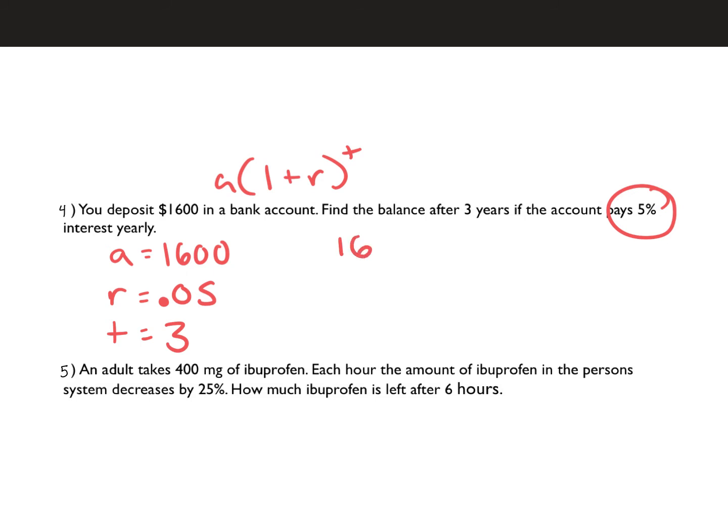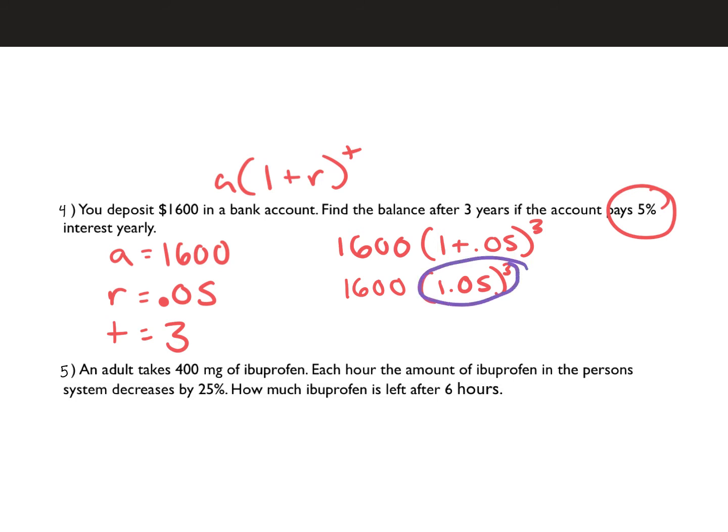So we plug this into our formula, and then we're going to plug it into our calculator. What do I have to do first here? Add the inside. So 1 plus 0.05 is 1.05. What do I do next? I do the exponent next.